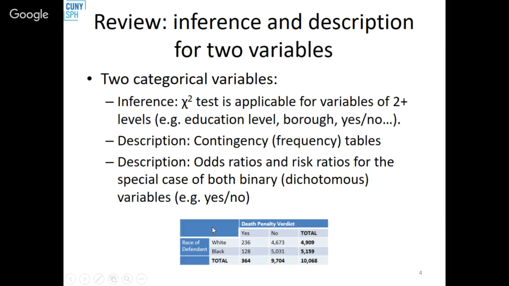The example we did last class was race and the death penalty, doing description and inference about whether there was any difference in the rate of death penalty verdicts by race of the defendant.